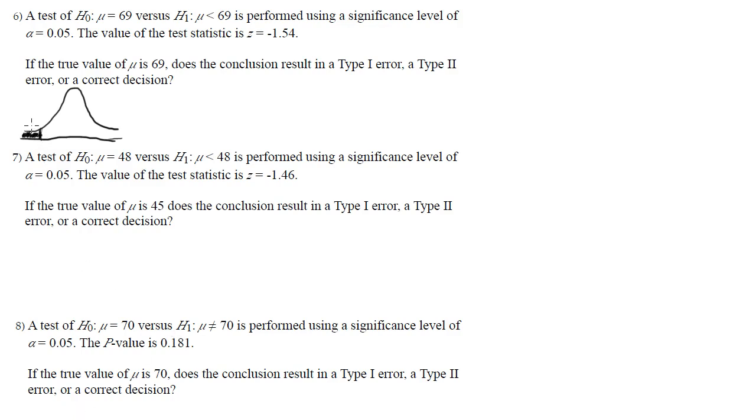I'm testing down here. This is my critical region, right? This is my 0.05. And if my mean is actually down here, then I will say, yes, there's a critical difference. The mean is less than 69, and I should reject that null hypothesis.